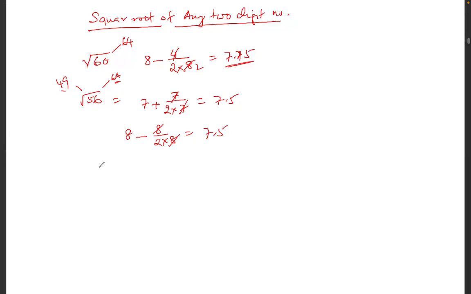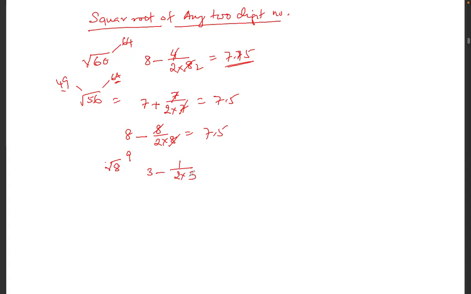Now if I say what is square root of, let's say 8, what you can do? Look at the perfect square close to this. What is that? 9. Square root of 9 is 3 minus, difference between them is how much? 1. Divide by twice of square root of 9, that is 3.